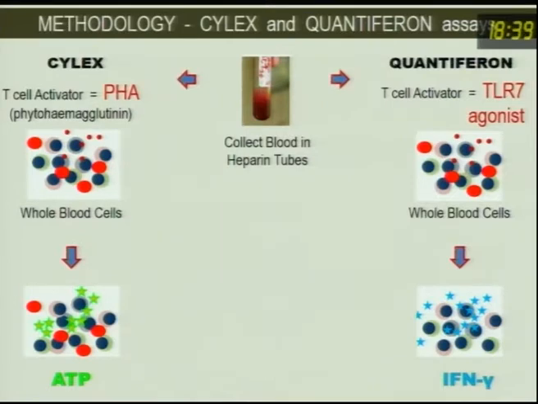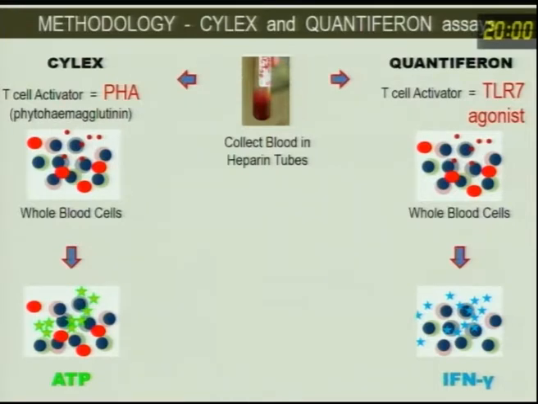Once you add the phytohemagglutinin, it will activate the T cells, which start producing ATP molecules. In case of Quantiferon, instead of phytohemagglutinin, I'll add TLR7, and again I incubate the cells, and the T cells start producing interferon gamma.